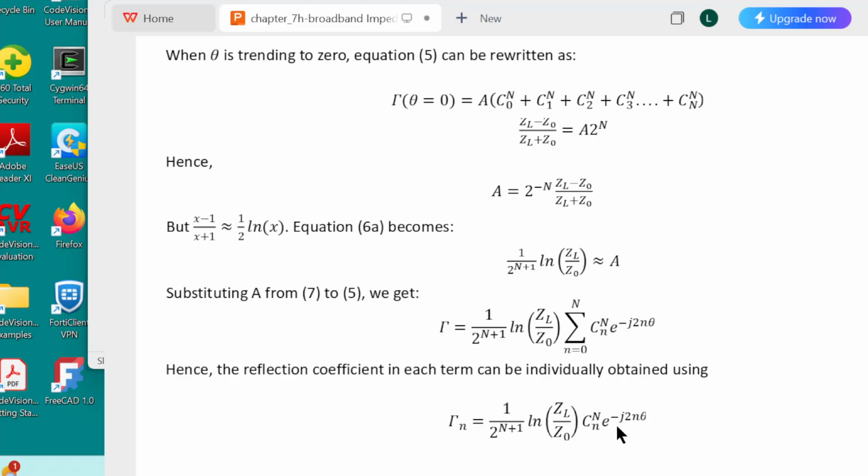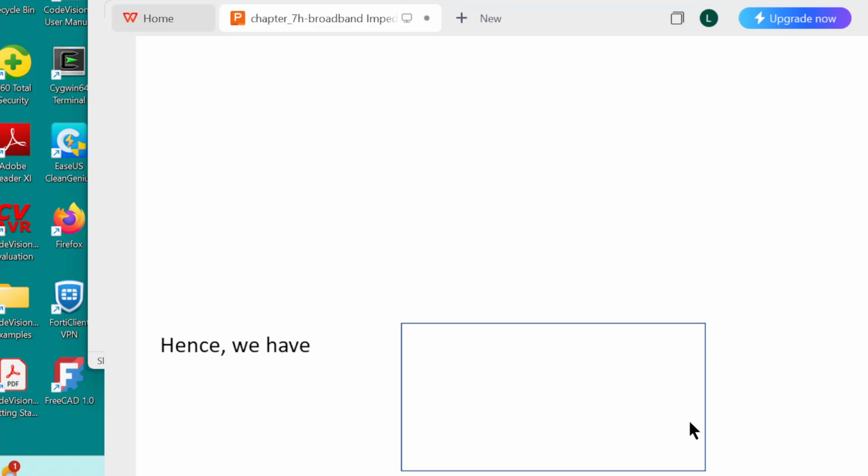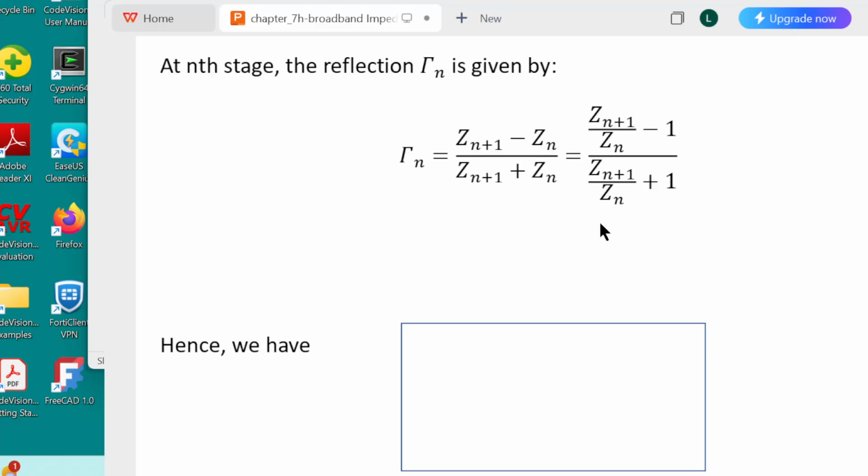So remember, the total reflection coefficient from here can be calculated using, I'm going to show you in the next page, gamma n is equal to this one.